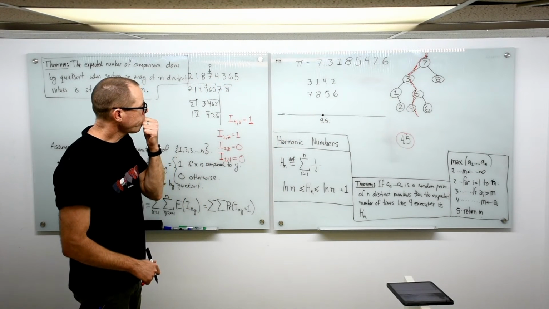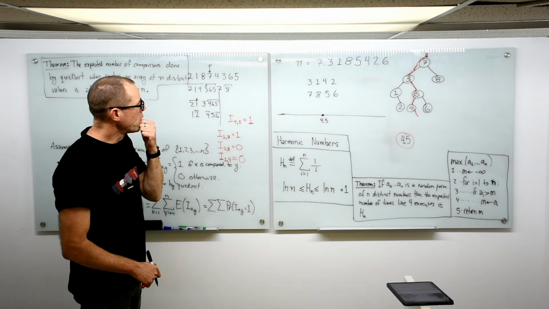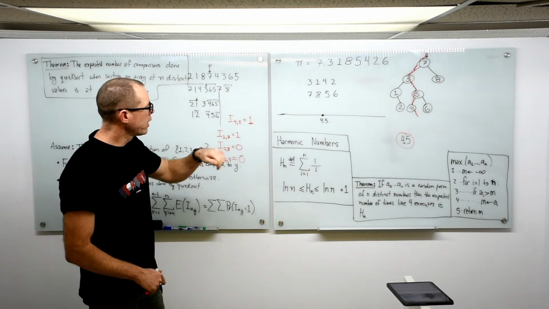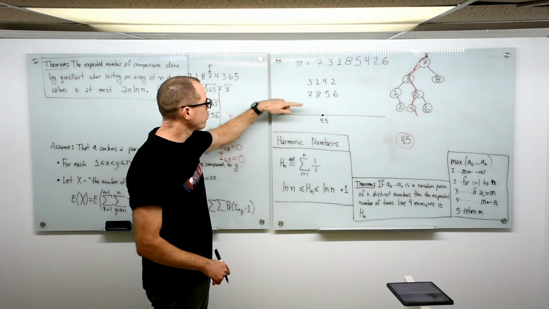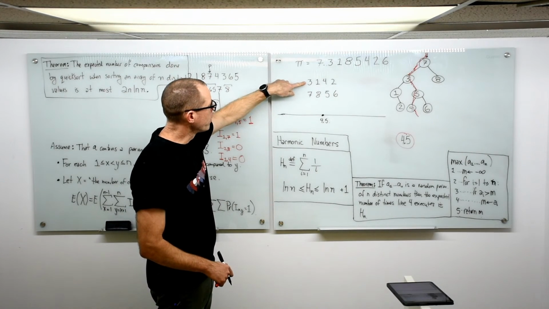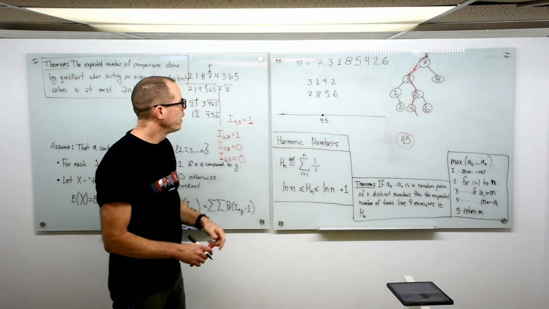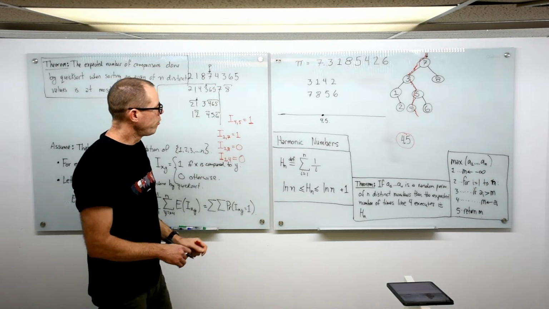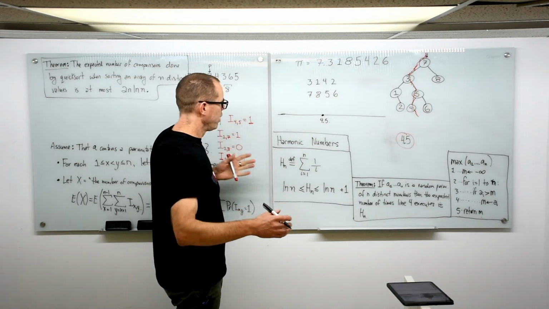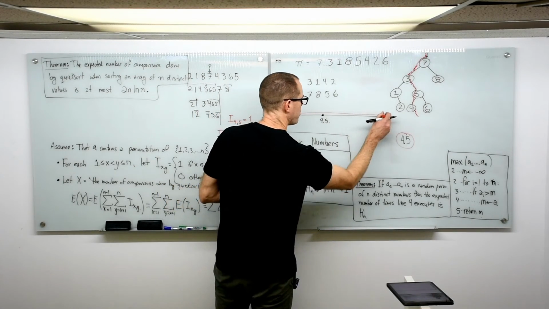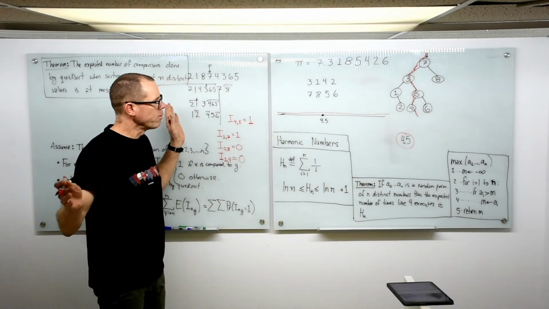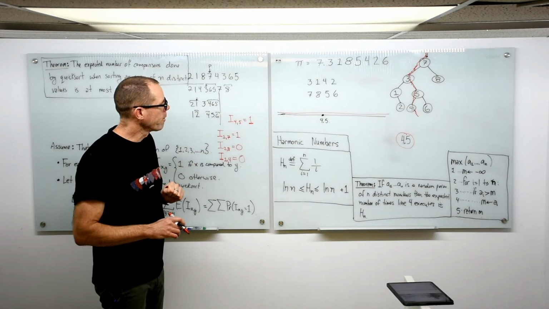So let's look at one of these things, this one, 3, 1, 4, 2. Right now 4.5 is this big thing. I know nothing about it, so in some sense, I don't know where it is anywhere on the number line.